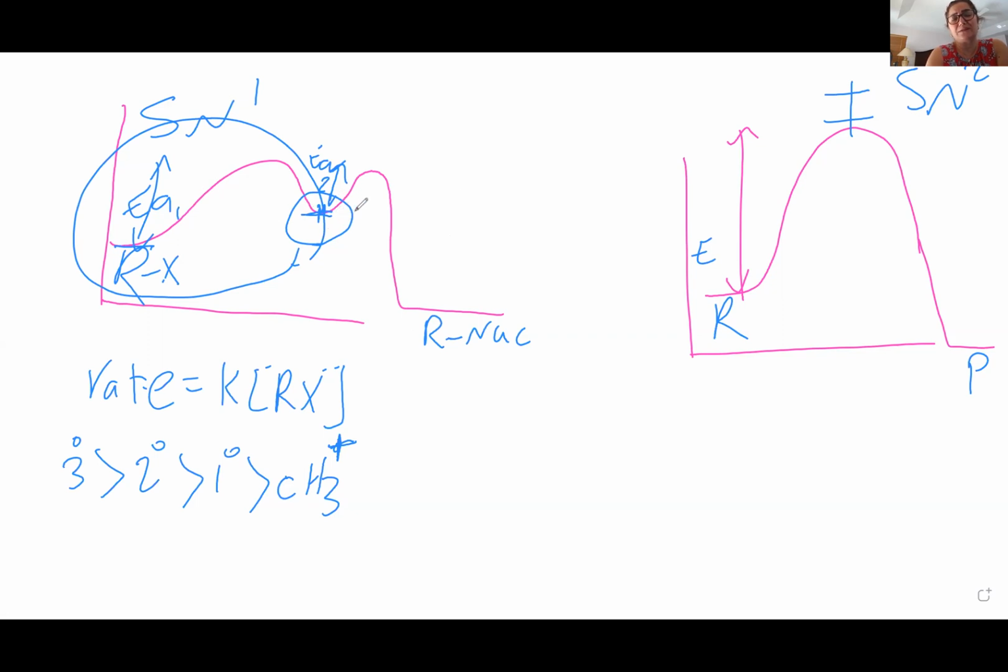Because it comes in the second step, it's not involved in the rate determining step, and it's not going to matter if it's strong or weak. So it's going to wait there until the carbocation forms. Carbocation is very reactive, and it's going to find any nucleophile. It's not going to wait for the strong nucleophile to come and form a bond with the carbocation.